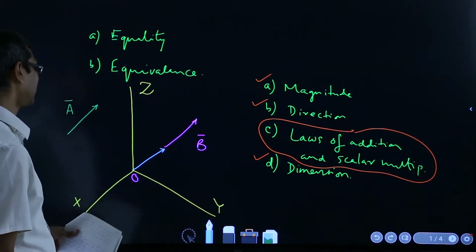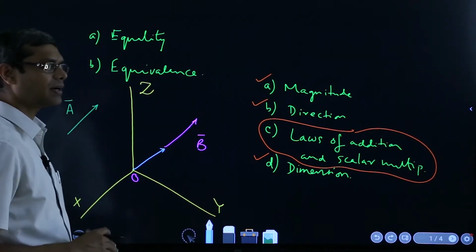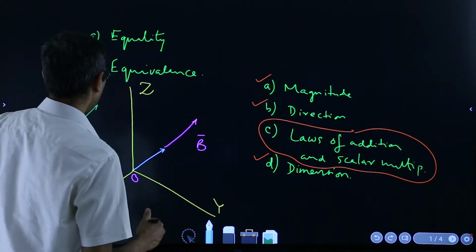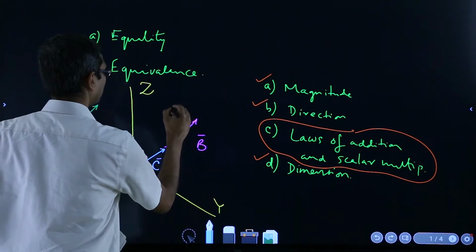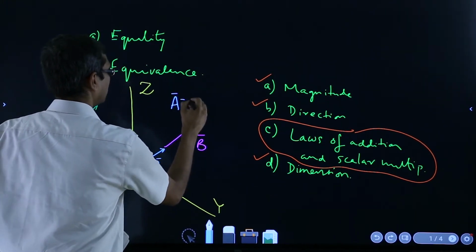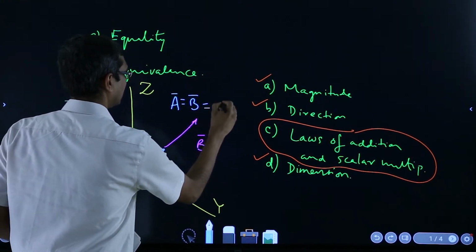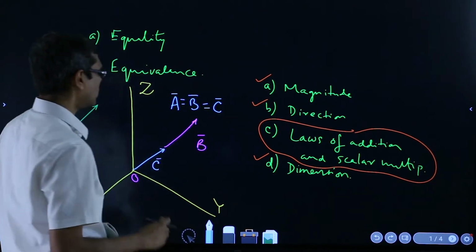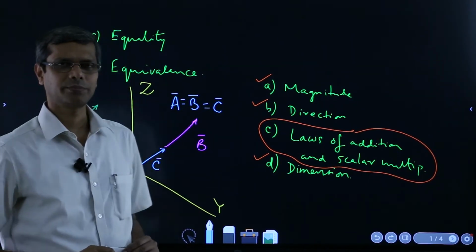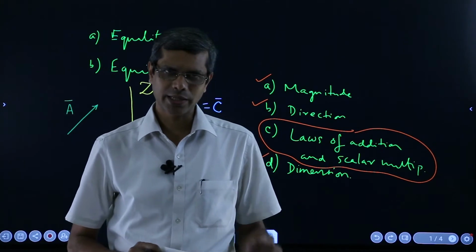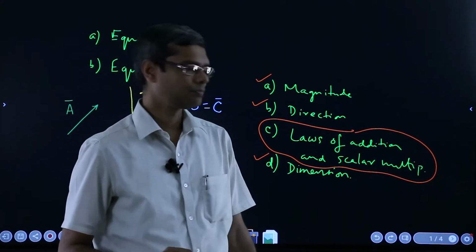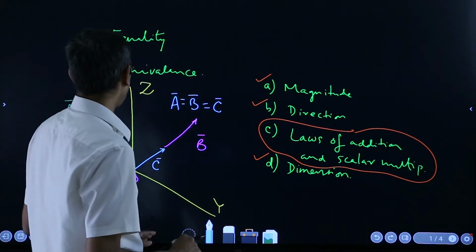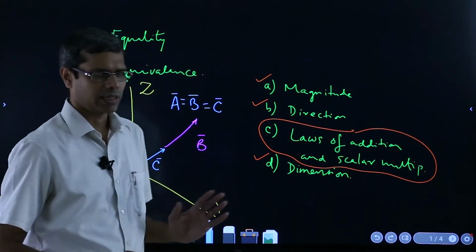Now all these three vectors are exactly equal. So let's call this C. So A is equal to B is equal to C, because all of them have the same magnitude, same direction and same dimension. So you don't have to think about anything else.